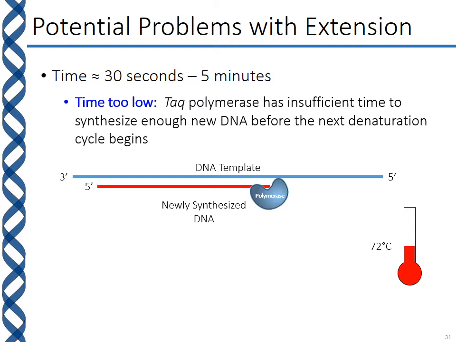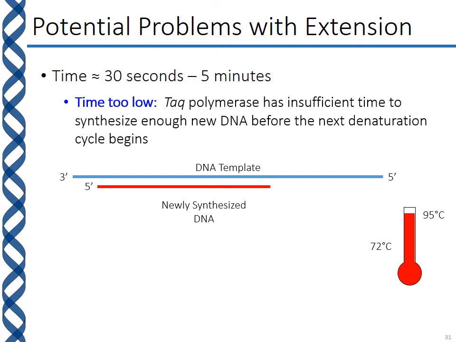Now the PCR program is going to go back up to 95 degrees, and that is going to denature the strands, which is going to cause the polymerase to detach, because it will no longer have the template strand in order to read the base pairs, so it'll know which ones to add to the new strand.